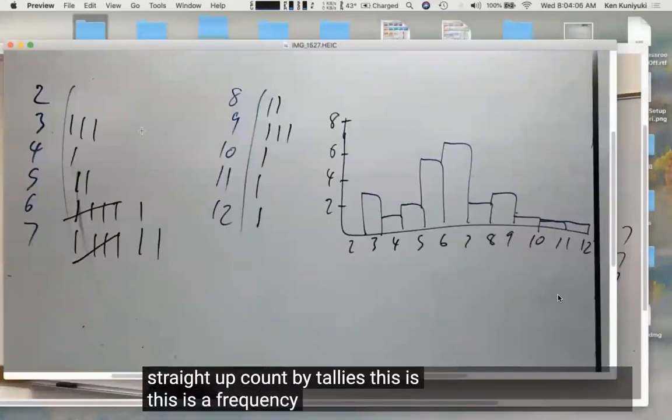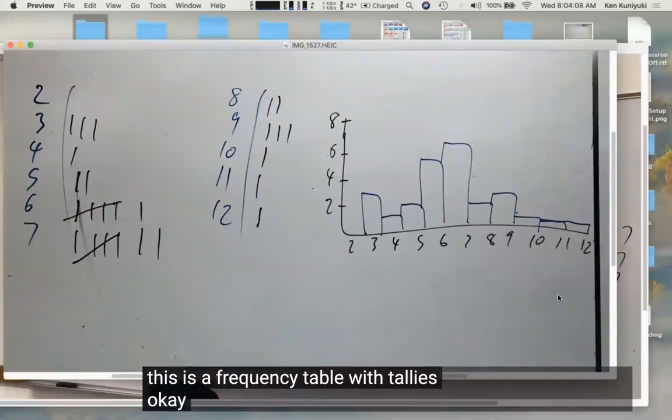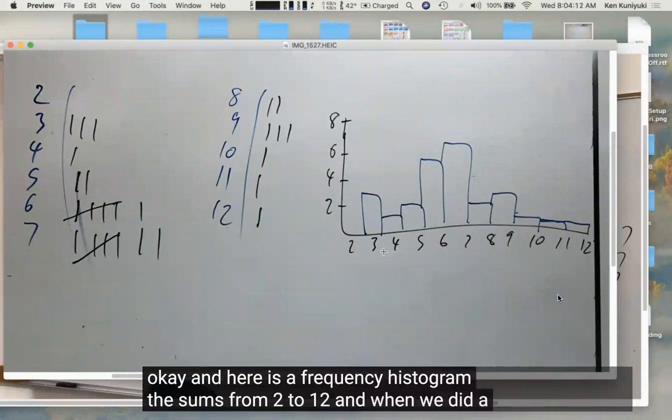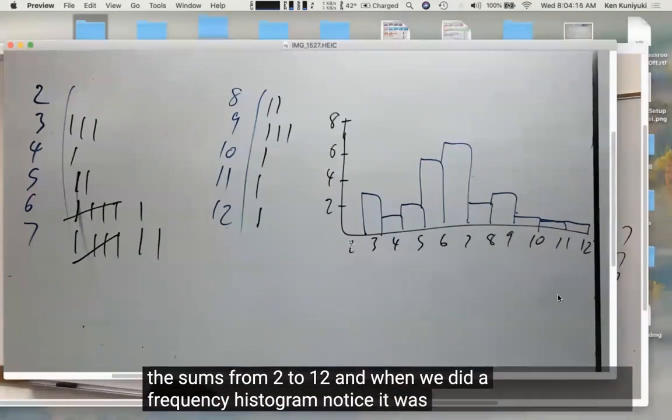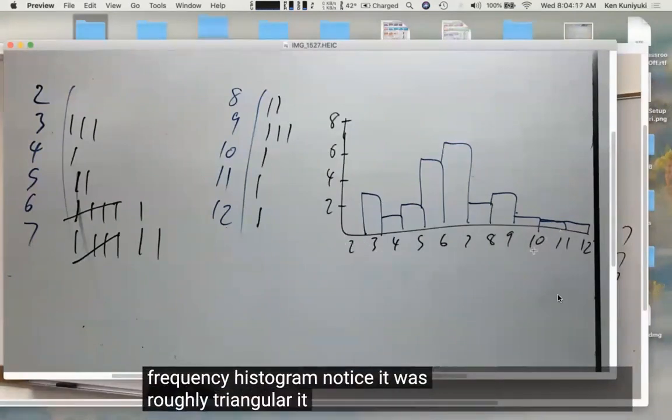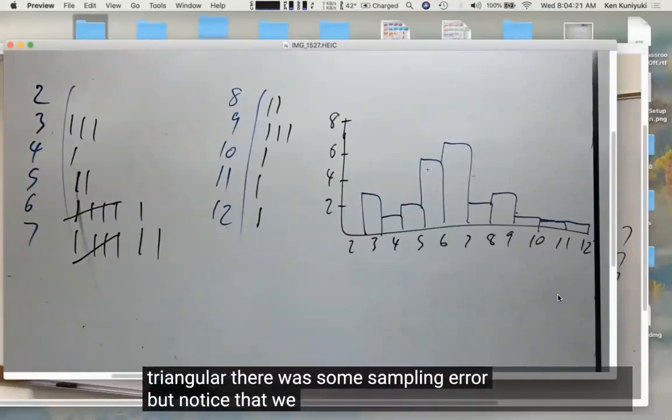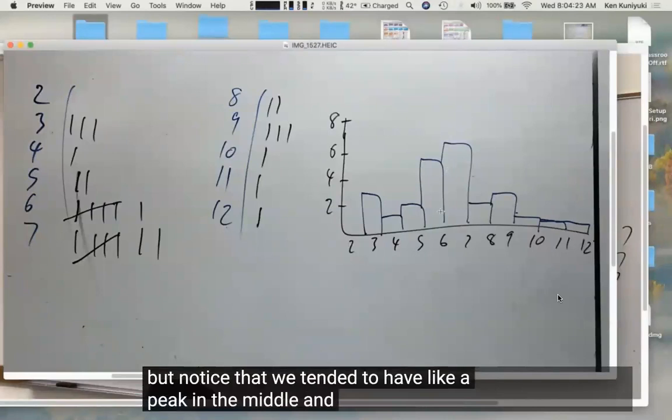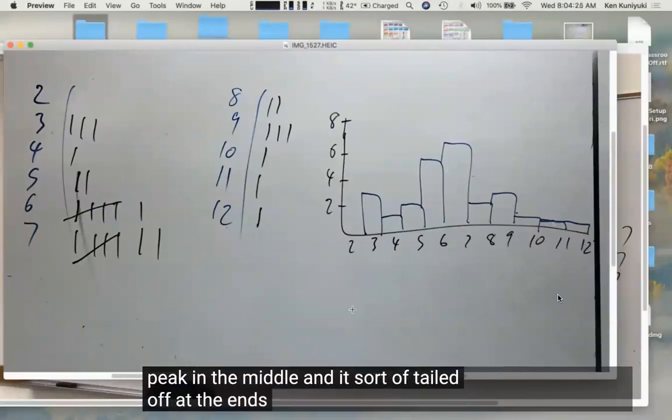This is a frequency table with tallies. And here's a frequency histogram, the sums from 2 to 12. Notice it was roughly triangular. It wasn't perfectly triangular, there was some sampling error, but we tended to have a peak in the middle and it sort of tailed off at the ends.